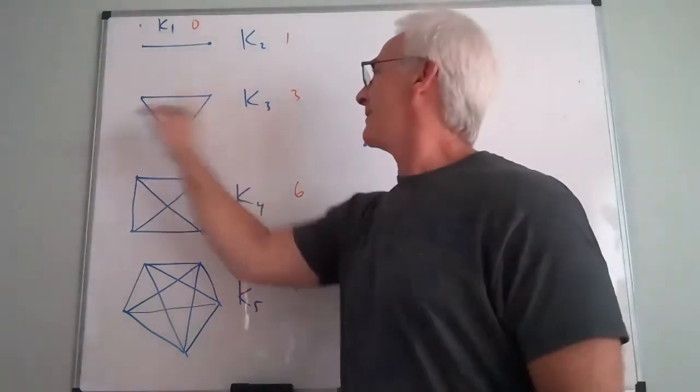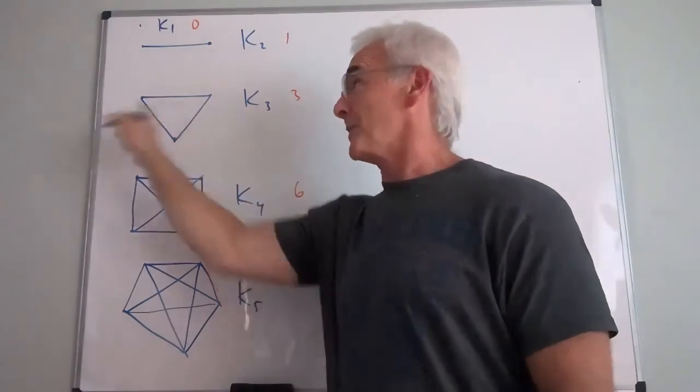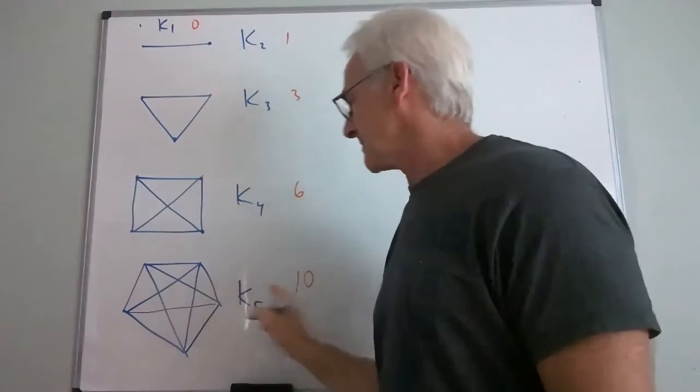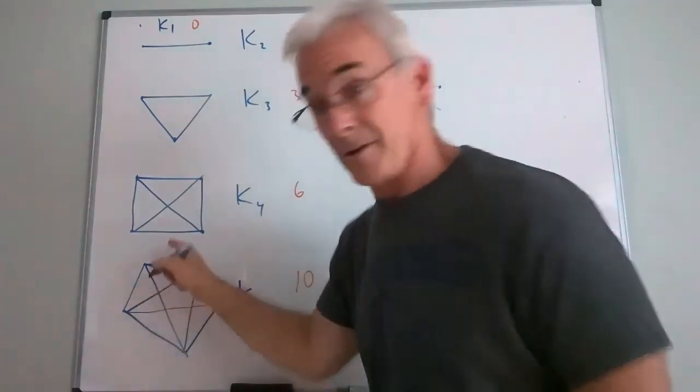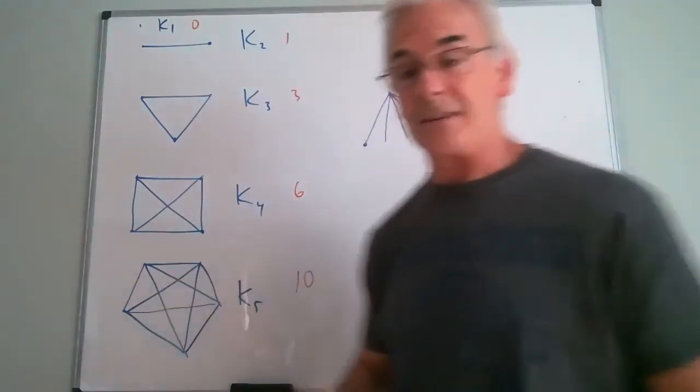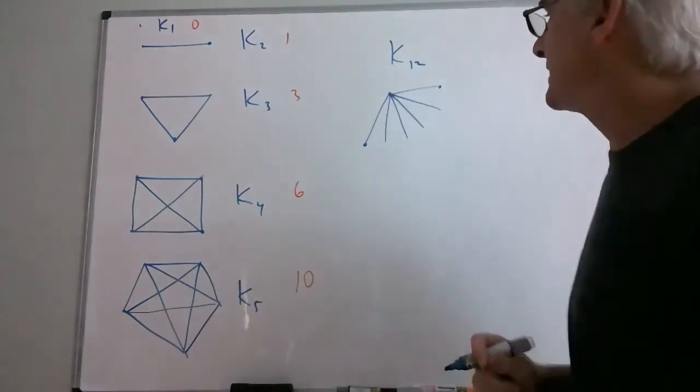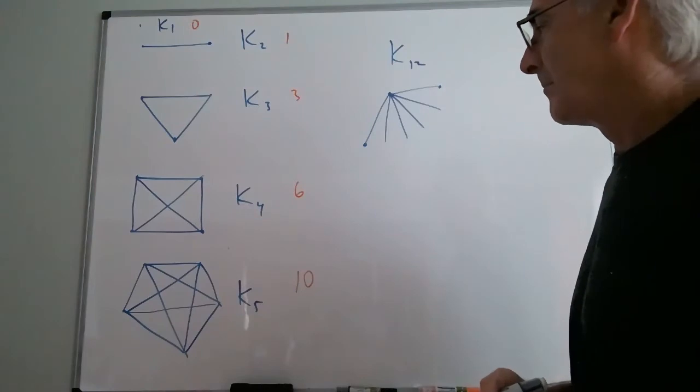Well, 11. Good. You notice K3, there were 2 edges. In K4, there were 1, 2, 3 edges. In K5, there was 1, 2, 3, 4 edges. Is there a pattern here? Yeah. Every vertex is going to have 11 edges coming out of it.